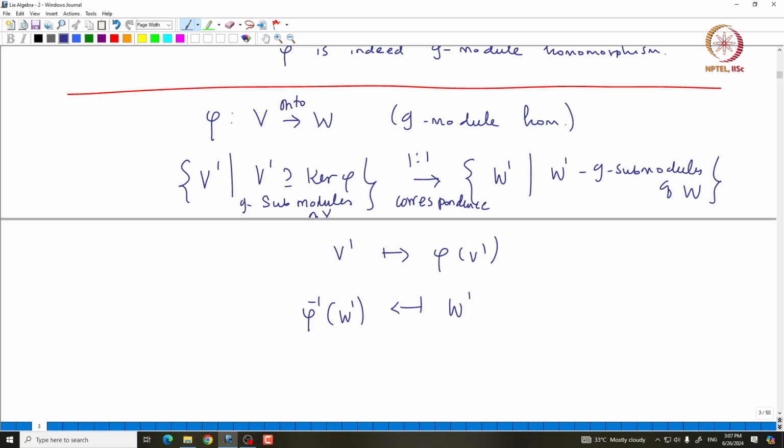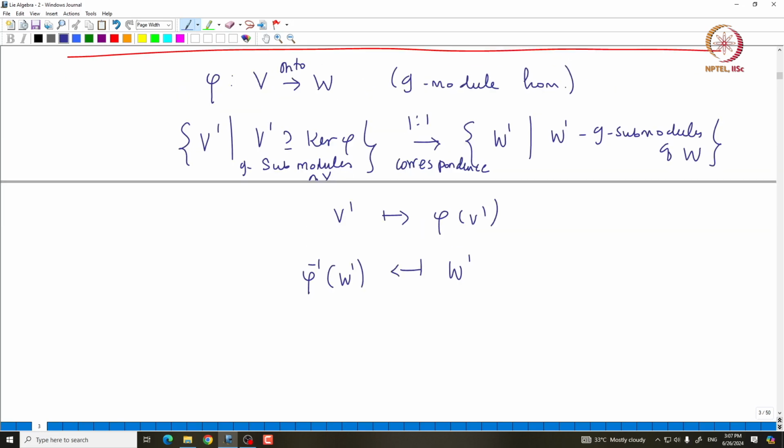What I mean by lattice correspondence is that this is a poset with respect to containment. Whenever we take V dash contained in V double dash, you can see that the image will be contained as well. So, it actually preserves the partial order. This is indeed a lattice correspondence.